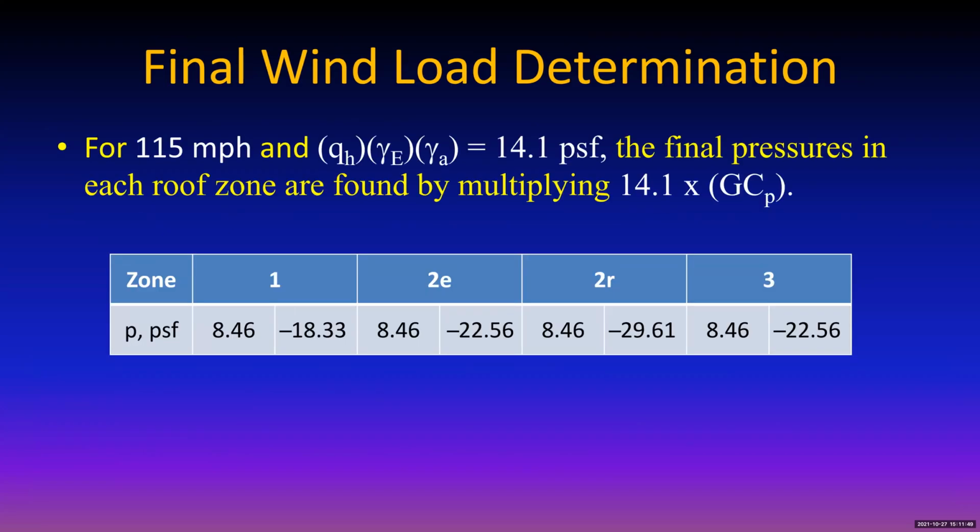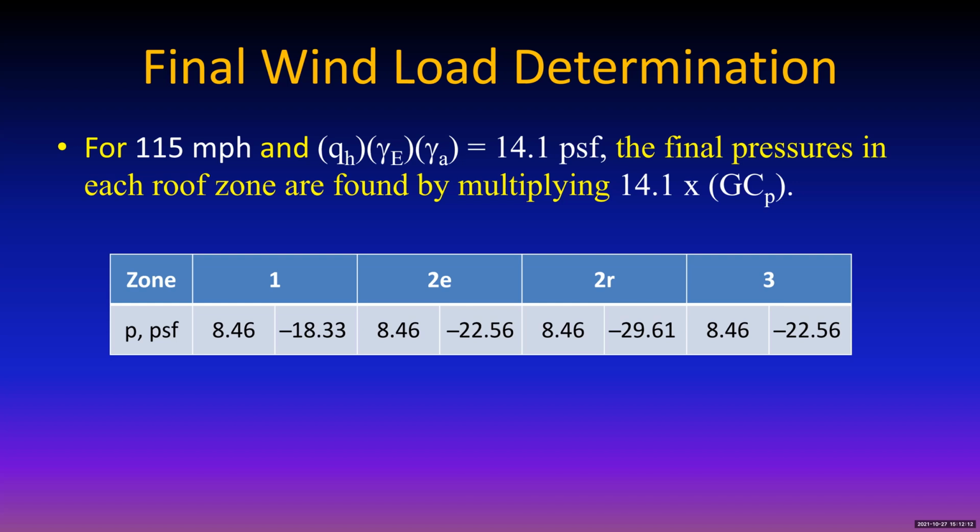All right, so we can make a final wind load determination then by multiplying the 14.1 pounds per square foot by the GCPs, and you see what you're in the various roof zones then. The pressure ranges from, and notice in every zone, the downward pressure is the same, 8.46 pounds per square foot.